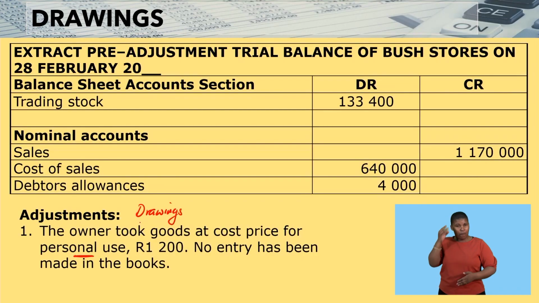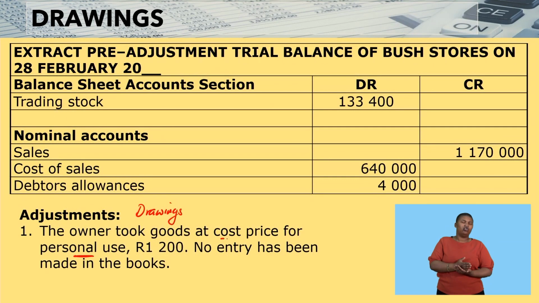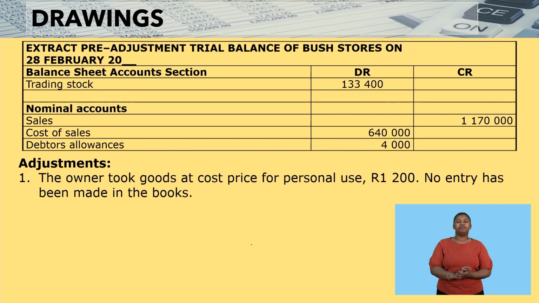Drawings don't go directly into the statement of comprehensive income, but we should record these ones. And the way we record it is in what is called note number 4, inventory. So we're going to record this in note number 4. Very important: when we record drawings, we always record them at the cost price.